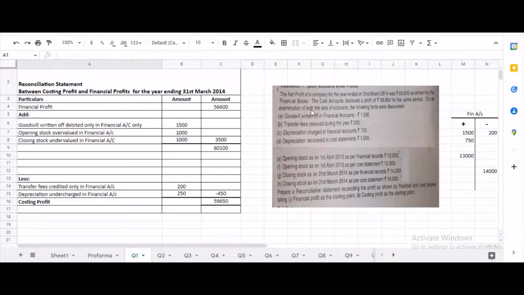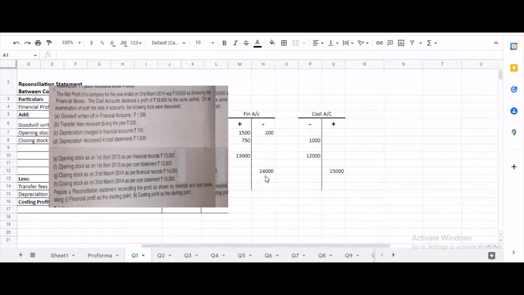On an examination of both sets of accounts, the following facts were discovered. Discount written off in financial account is 1,500, which is deducted from the financial account, so that should be added.